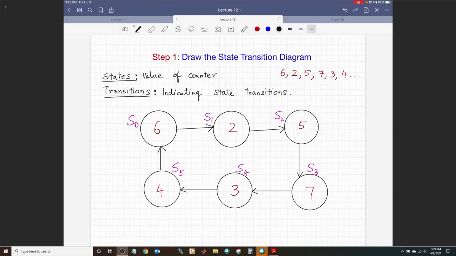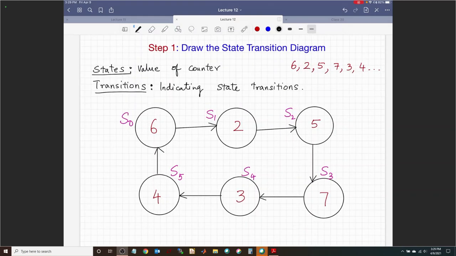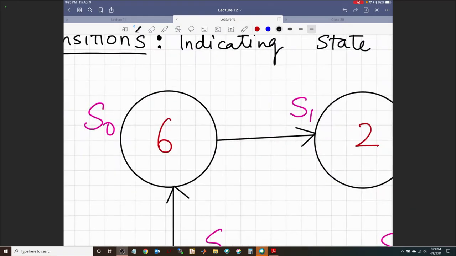Now let me zoom in to talk more about what this state 0 is. When I say state 0 is 6, what I really mean is there are 3 flip-flops in my design, and the decimal value of the 3 outputs should be 6.